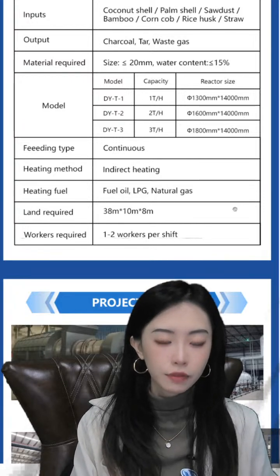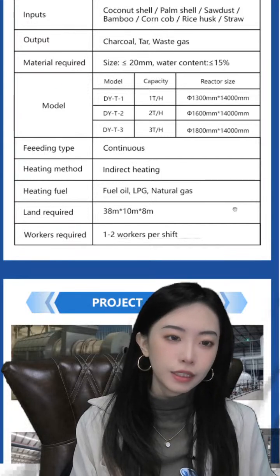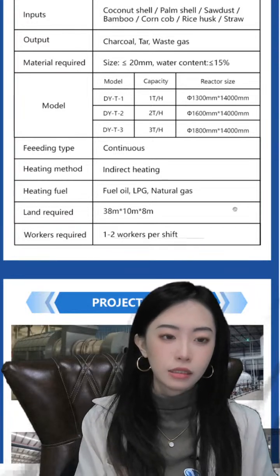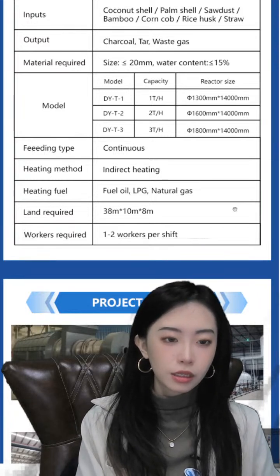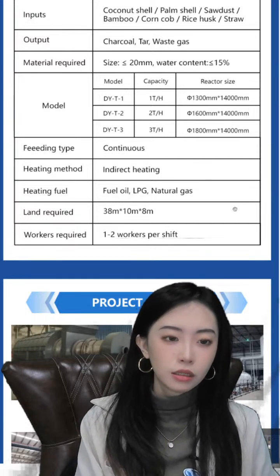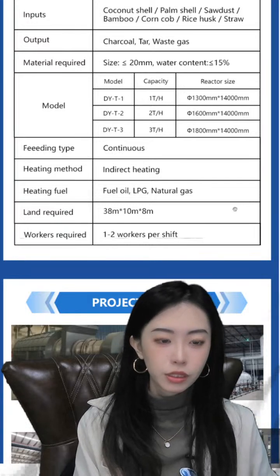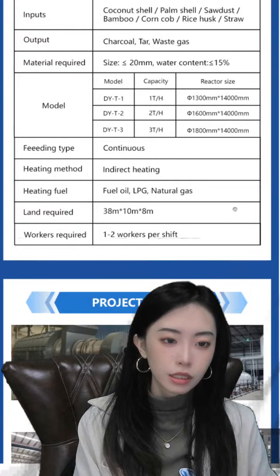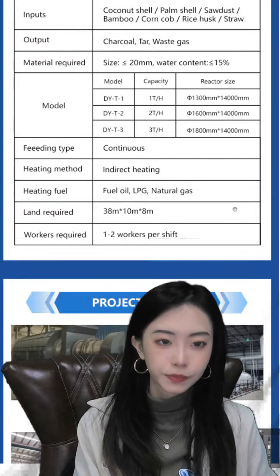So we have a high efficiency: we can feed the raw material, carry out the carbonization reaction, and discharge the charcoal and carbon black at the same time. It can help you work at high efficiency and get more products.